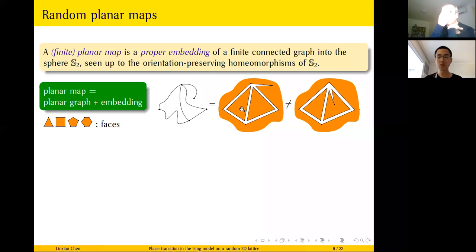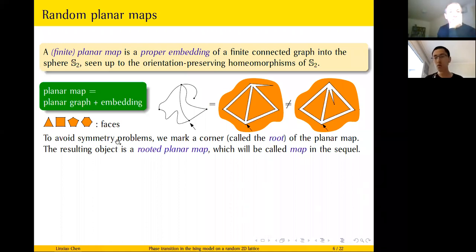Then you see that in the left graph, you have 2 faces which are triangles, and an outer face which is of degree 6, or a deformed hexagon, while on the right-hand side, you have one triangle, one pentagon, and an outer face of degree 4. So clearly they are different when embedded into the plane.